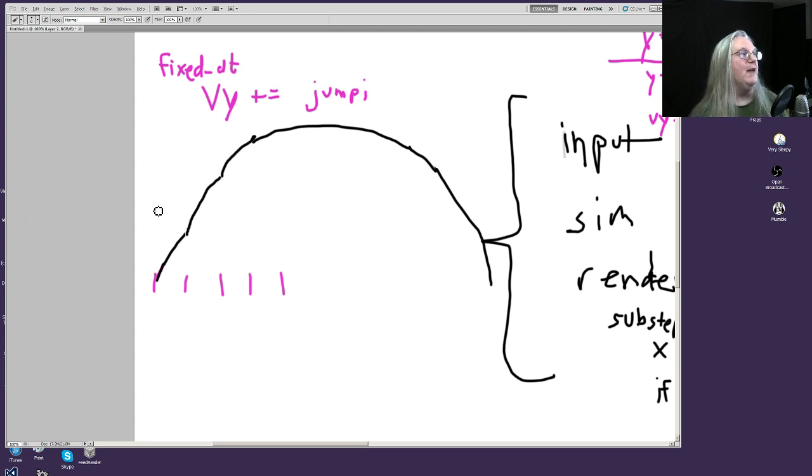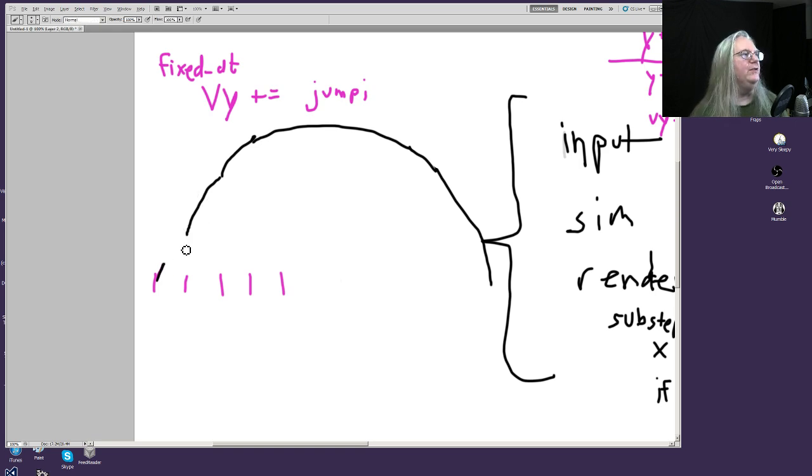So let's just assume that's okay. Then obviously what we can do is add a different jump impulse depending on our time step to try to get the same shape. And you'd go, well, how do I do that? What jump impulse do I need to add at each one? That's a hard problem. And so we will sidestep it by instead looking at this from a continuous perspective.